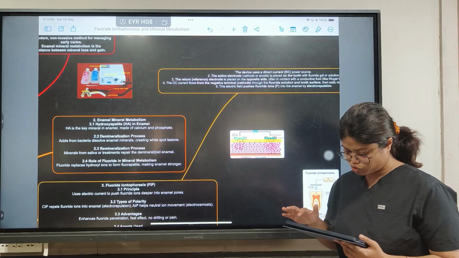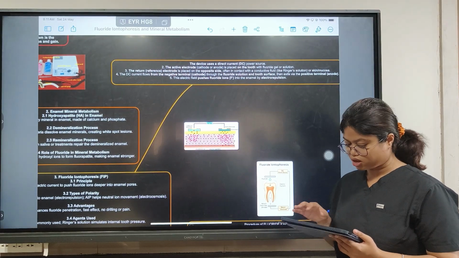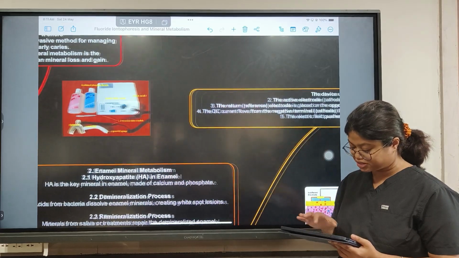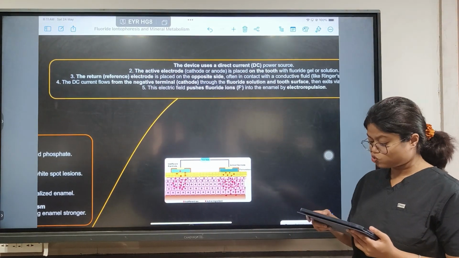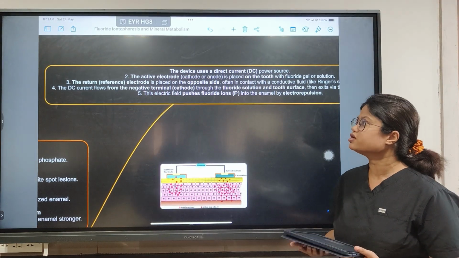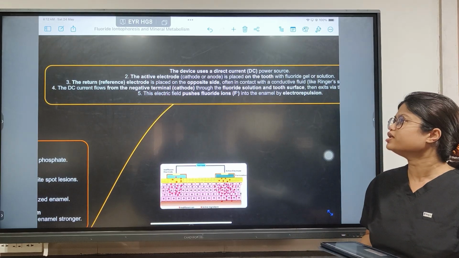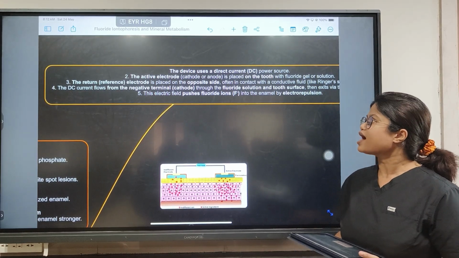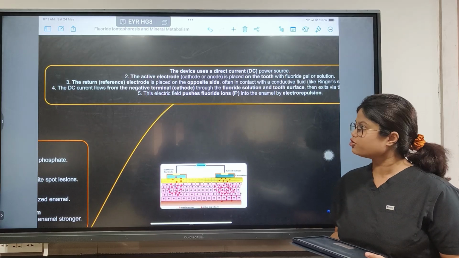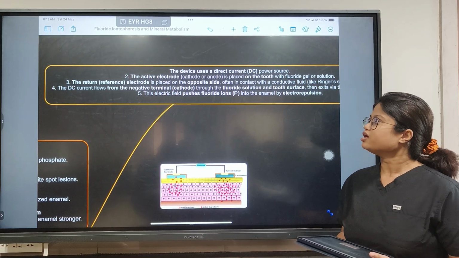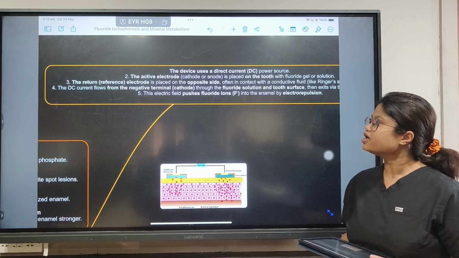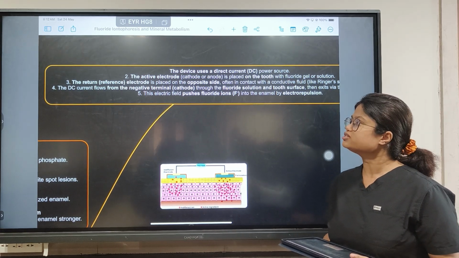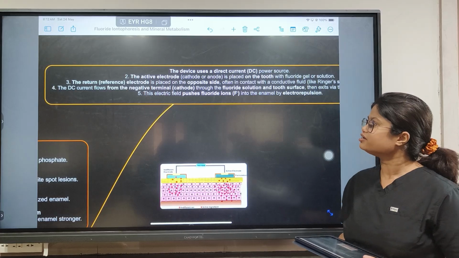So coming to the device and how it is used, this is the graphical image representation of it. The device uses a direct current power source. It has components, namely the active electrode and the negative electrode. The active electrode will be different in different cases. In cathode iontophoresis, the cathode is the active electrode, and in anode iontophoresis, the anode is the active electrode.